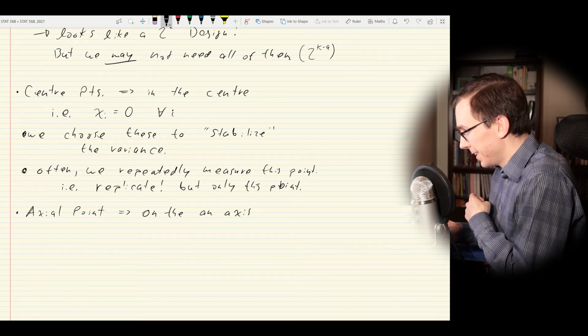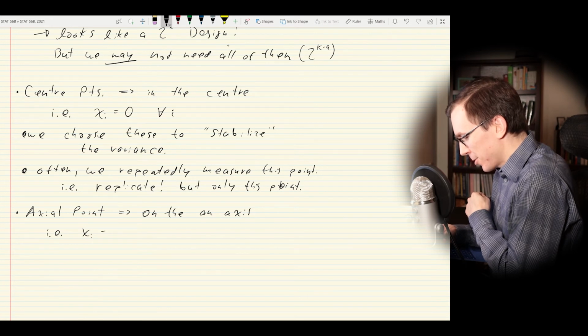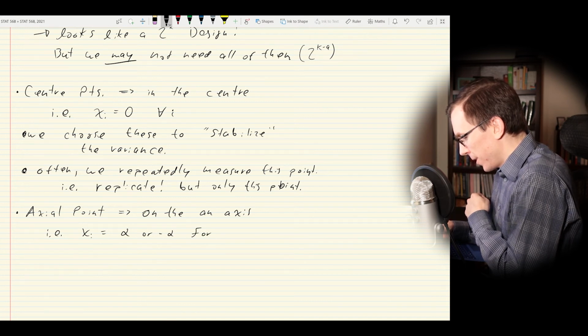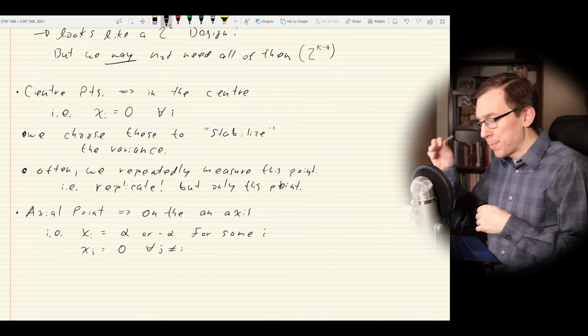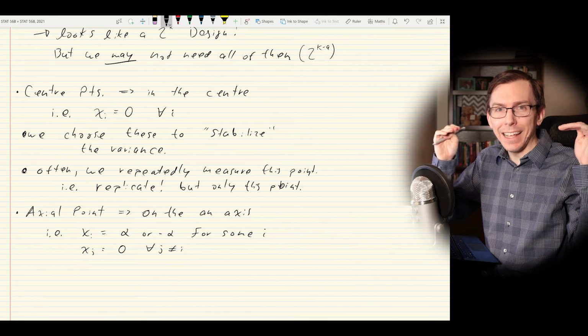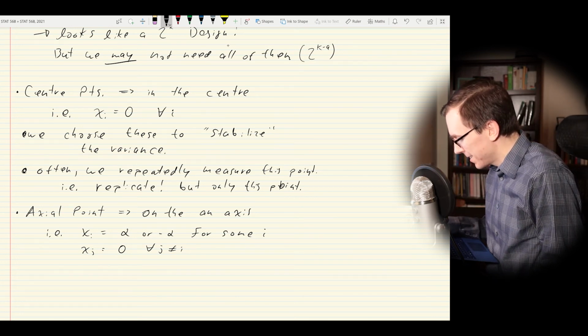That is specifically, we're going to say xi is going to equal alpha or minus alpha for some i, and xj is going to equal 0 for all j not equal to i, which basically means it's going to lie on the ith axis. And this is going to be for all the axes.